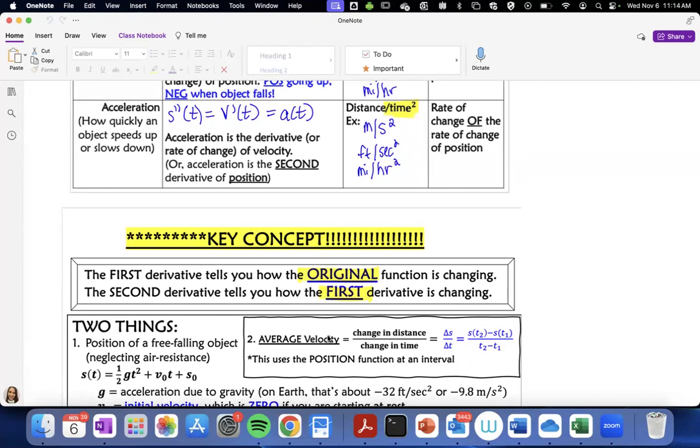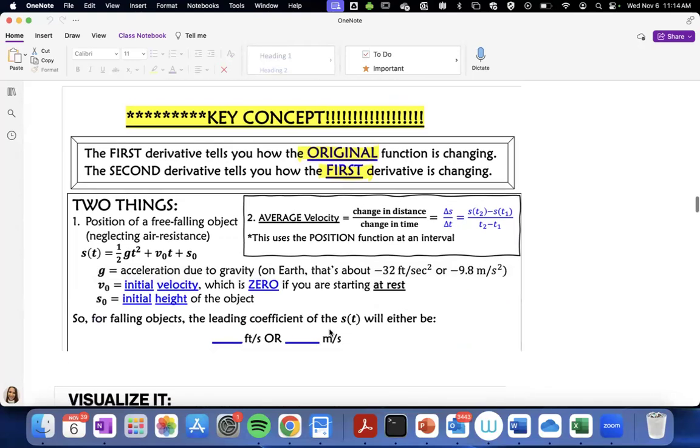As I was working through these problems and refreshing myself, that helped me make sense of everything.